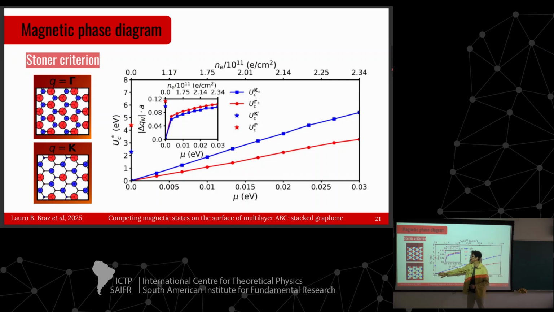As we go to the dispersive region of the energy dispersion of the system, the usual Stoner criterion, where only the first Hubbard U plays the main role, comes back. So it looks like this behavior favoring the multi-Q state is characteristic of the flat band on the surface states of this system.